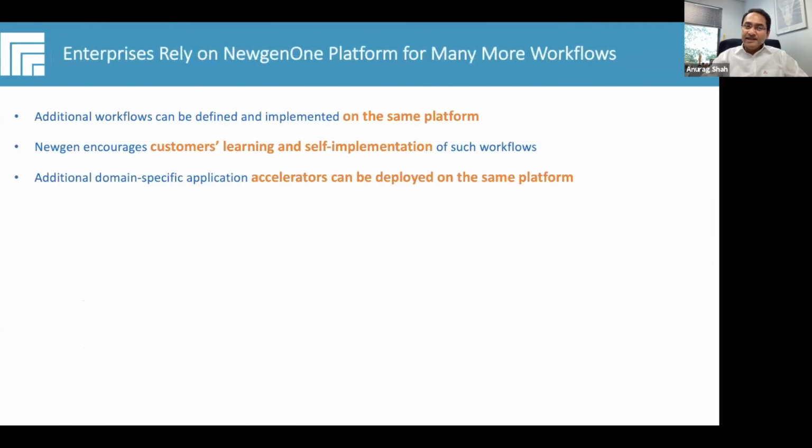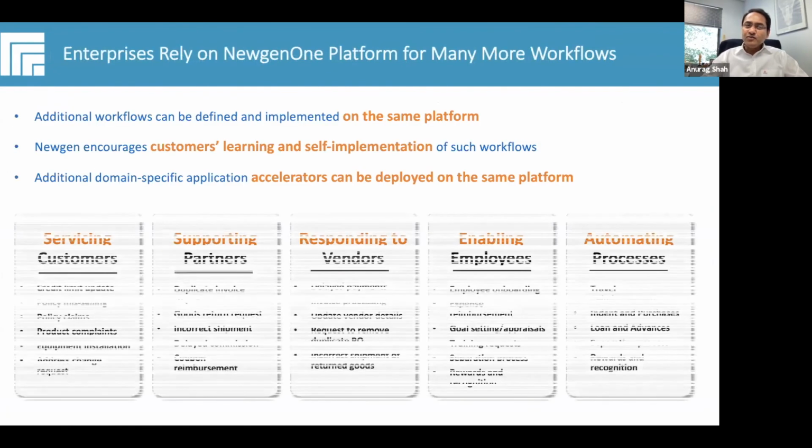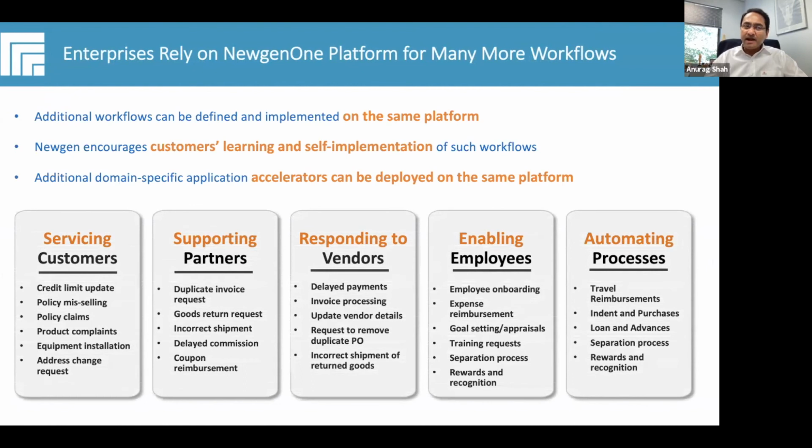And if you really see the workflows which can be defined on the same platform, whether you want to service your customers, support your partners, respond to your vendors and suppliers, and then your own employees. No matter how much you want to do for the external world, it is your internal employees. You need to keep them, so important. When we say customers, we mean internal as well as external customers.